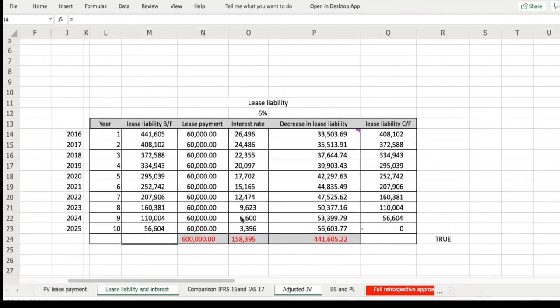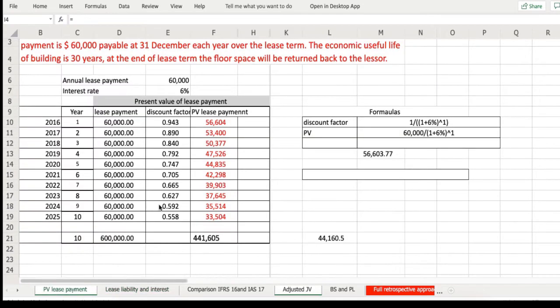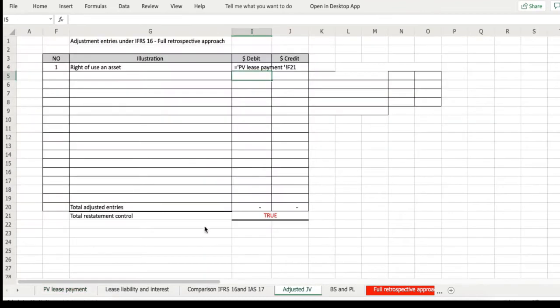From the present value of lease payments, we calculated the right of use asset at this amount. The right of use asset always equals the lease liability, so we have the lease liability, the same amount equal to the debit side.